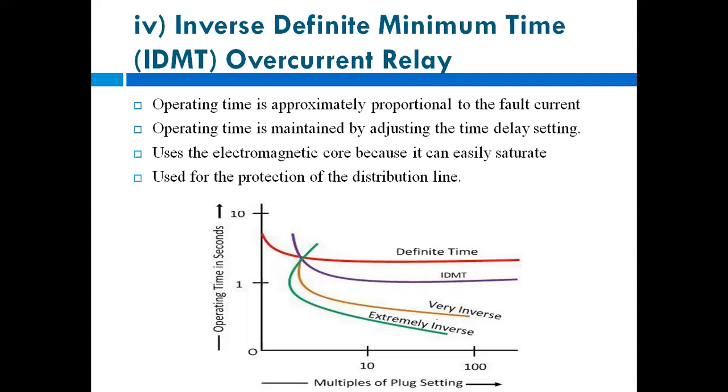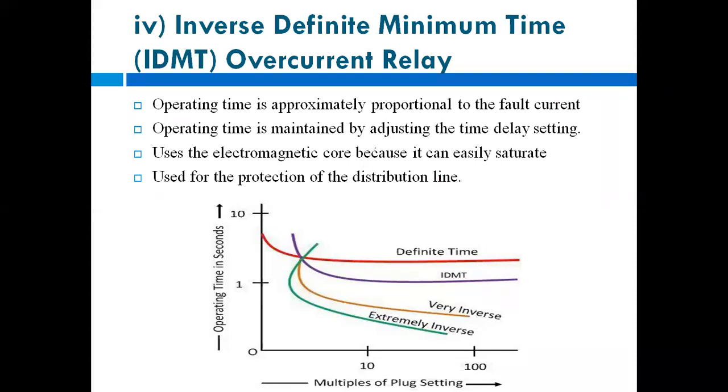Okay, so for this IDMT type overcurrent relay, the operating time is approximately proportional to the fault current. It is an inverse definite minimum time relay.